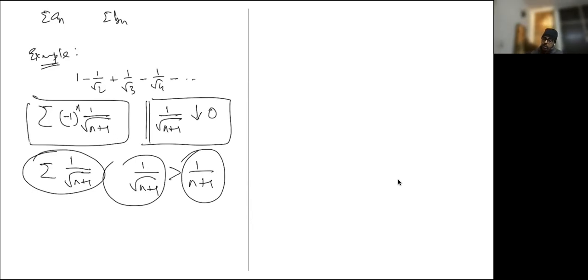The series diverges to infinity. So by the second part of the comparison test, this series diverges. So this series is conditionally convergent. It converges but does not converge absolutely.